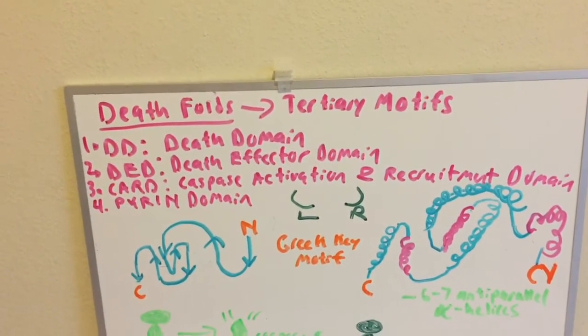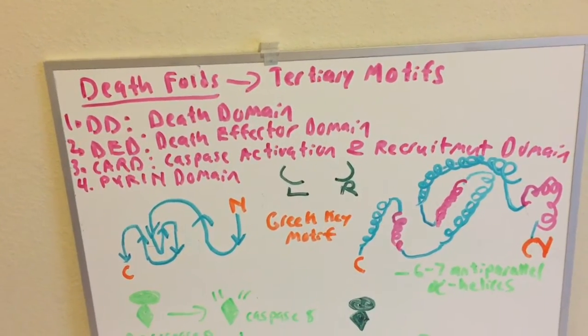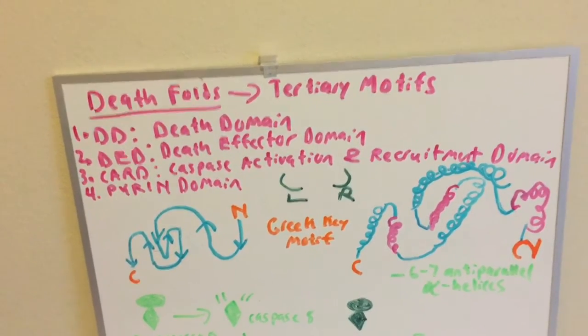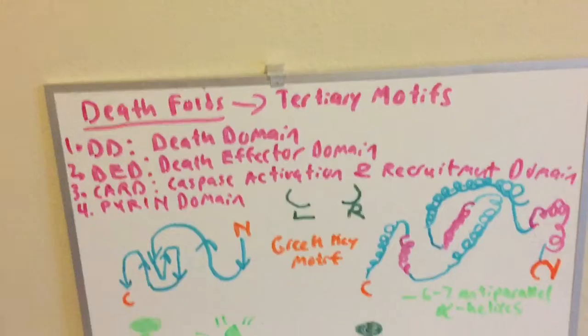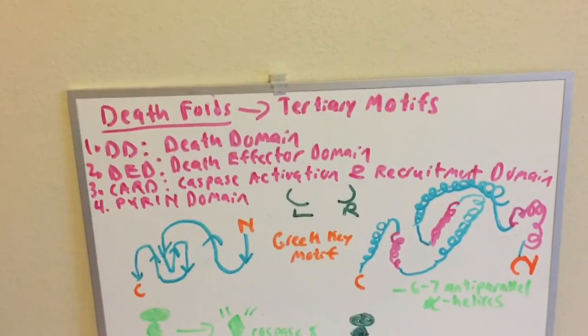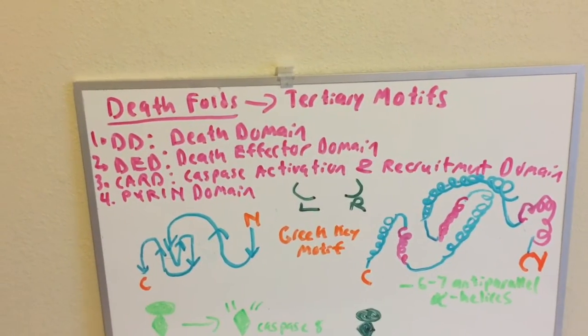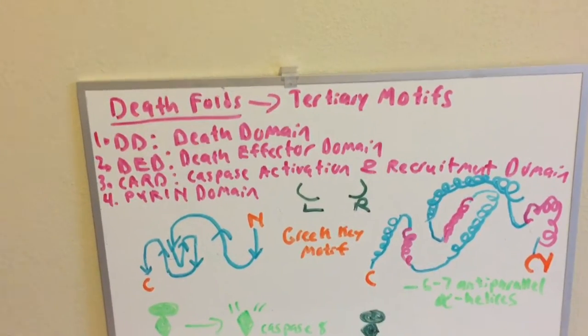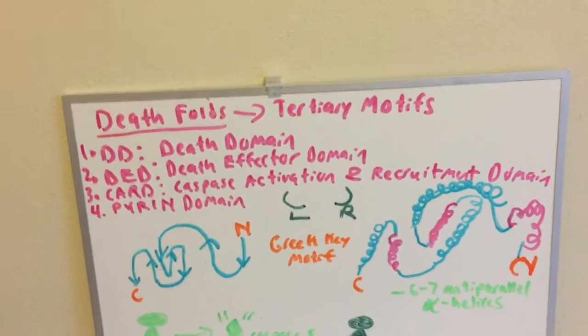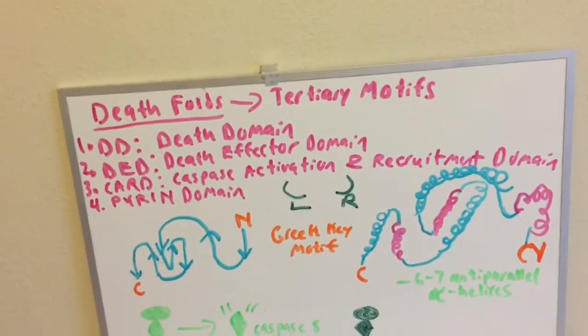As they recruit FADD, FADD has the death effector domain, which recruits the procaspase. Many of the caspases have these motifs, specifically the death effector domain, which is just used to interact with other proteins in the assembly of DISC.